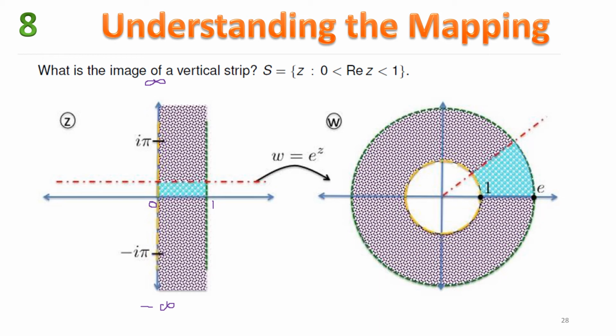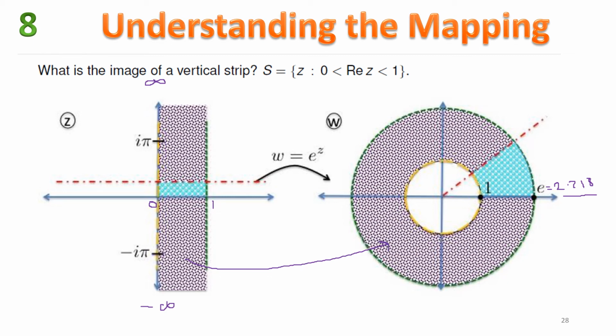Now e to the 0 will be 1 and e to the 1 will be 2.718. So the value of e I am writing as 2.718. Here this vertical strip we want to map, and the variations are from e to the 0, which is 1, to e to the 1, which is 2.718. So the strip which is shaded here corresponds to this. So this whole portion appears something like this.